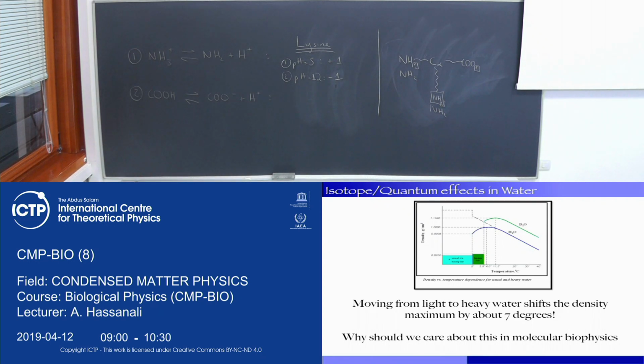And what do you notice? There's a shift in the peak of the temperature maximum by about 7 degrees Celsius, going from H2O to D2O. That's a huge shift in the position of the density maximum peak.